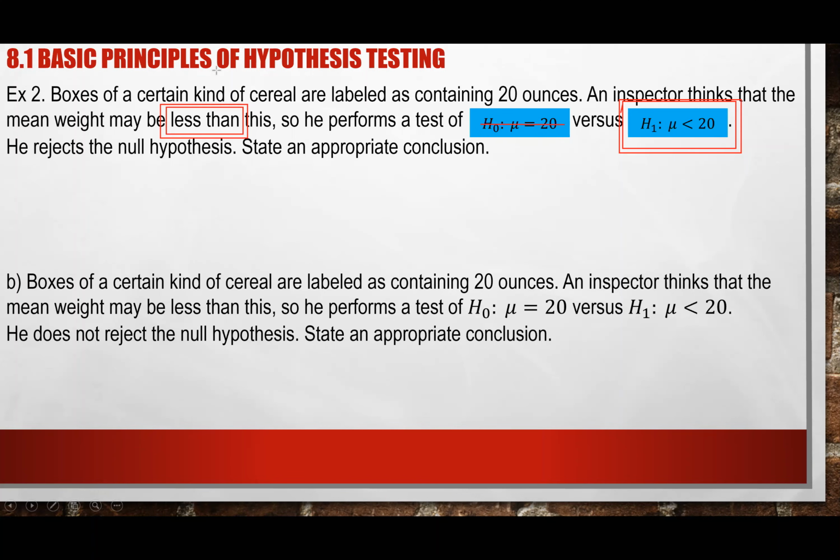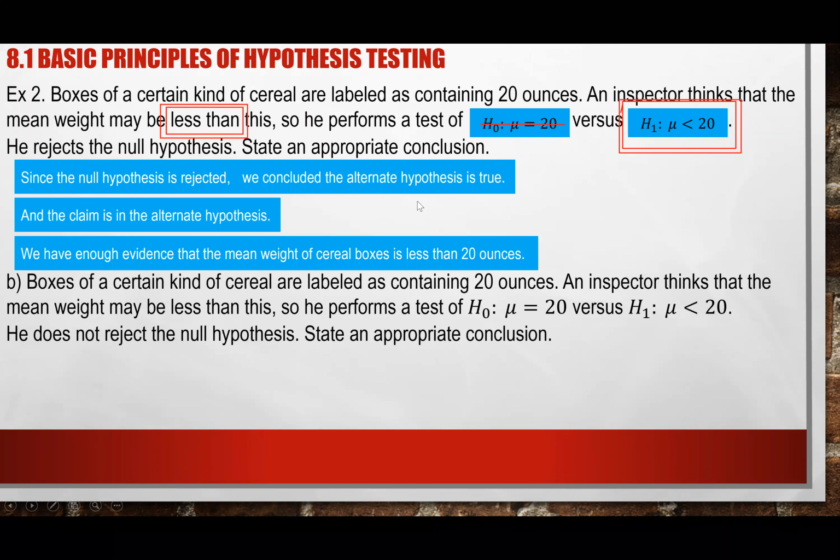So this is the inspector's claim, and that is what we got. If we throw H naught out, we basically say that we have enough evidence. So this is your conclusion: we have enough evidence that the mean weight of the cereal box is less than 20 ounces.